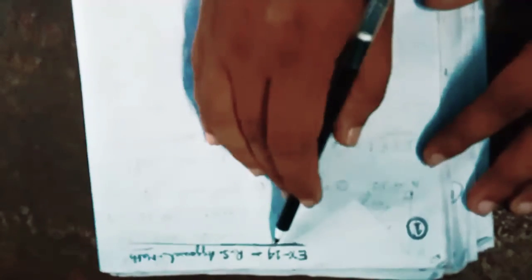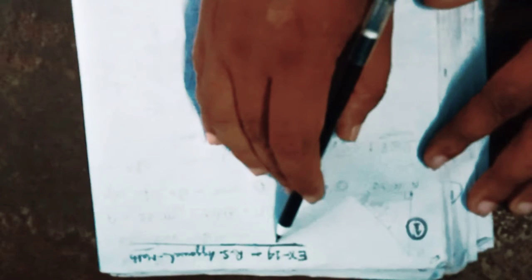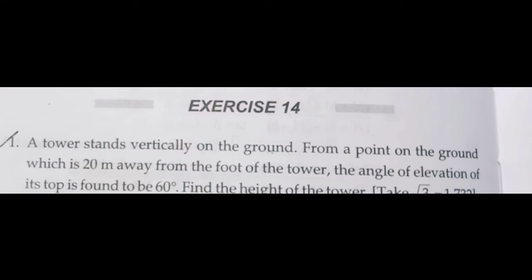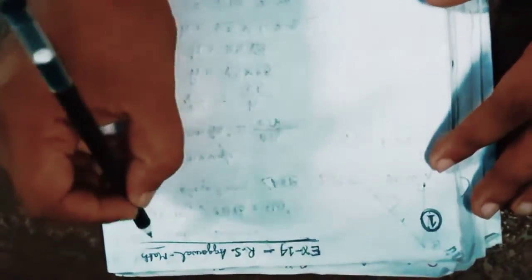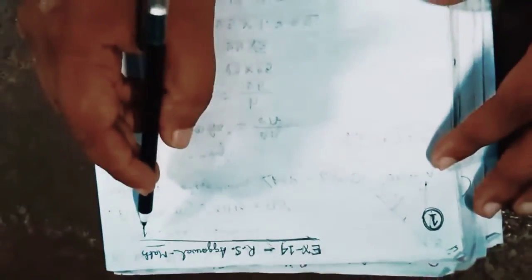Now here in question number 1, a tower is standing vertically on the ground.